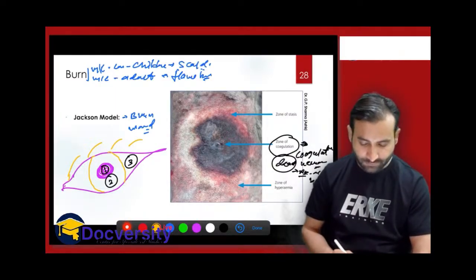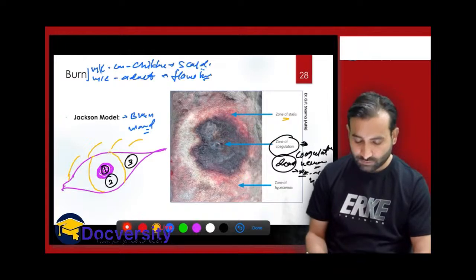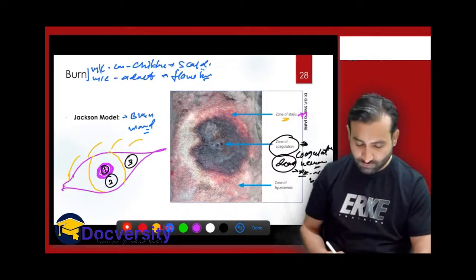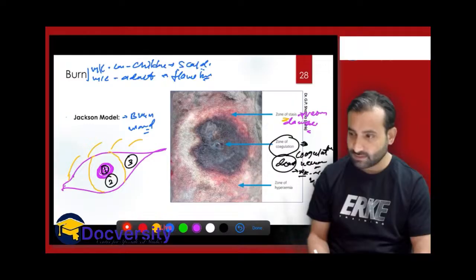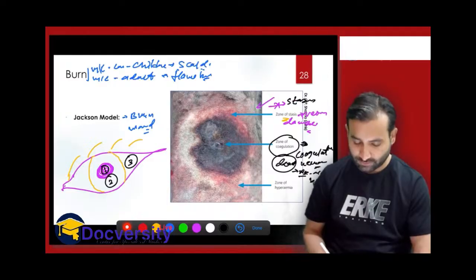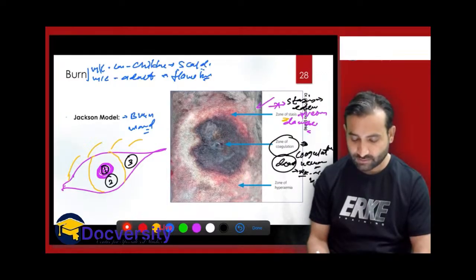And you can see the zone number 2, right? Zone number 2 is what? Zone of stasis. What happens in the zone of stasis? You have the veins damage. Because of the vein damage, arterial blood comes, but the venous return does not occur. So that there will be stasis.